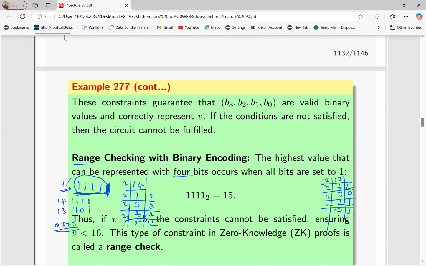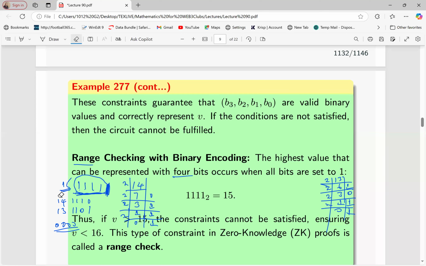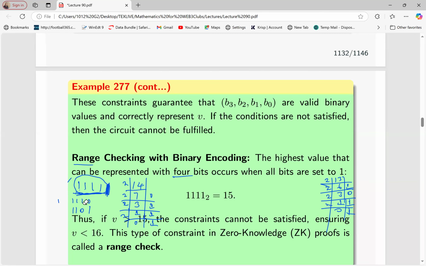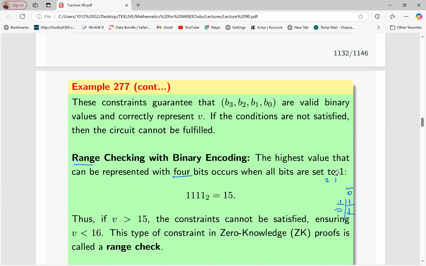So you can now see what we began by. We began by looking at how we come up with a greater than or equal to relationship in an arithmetic circuit. And you are seeing how it's coming in.